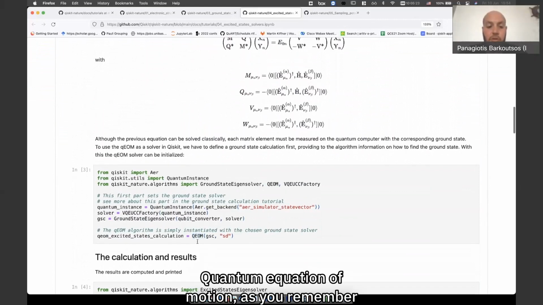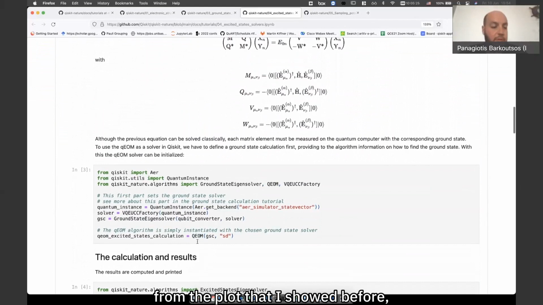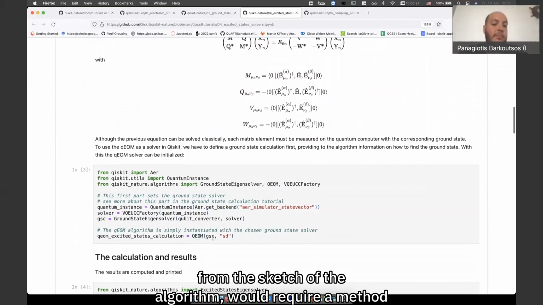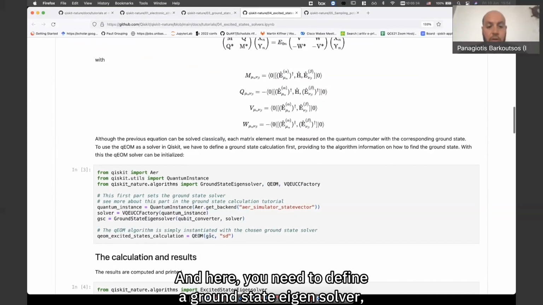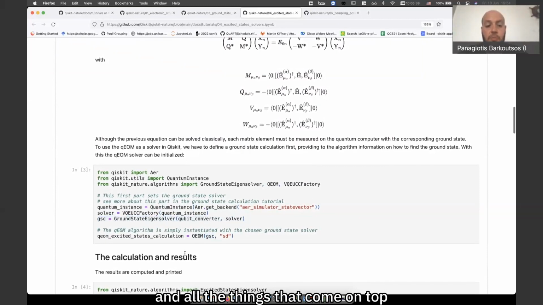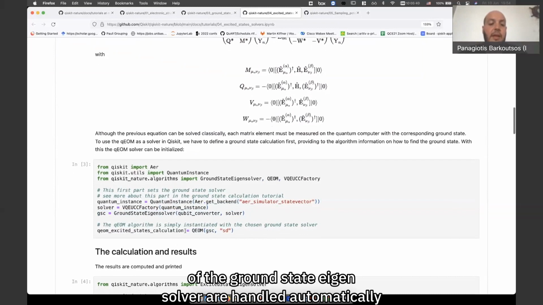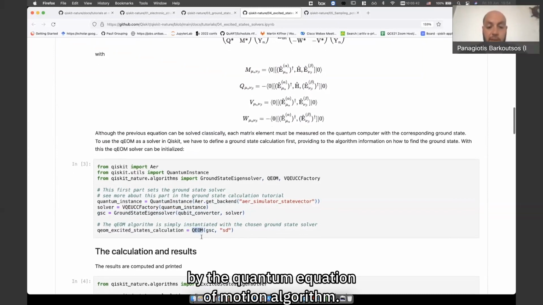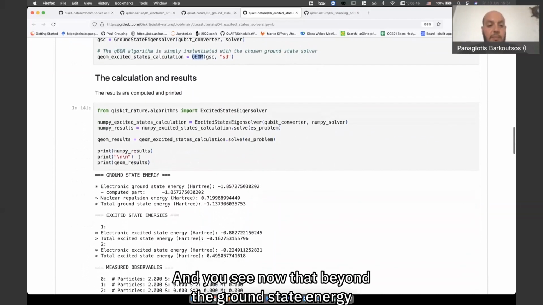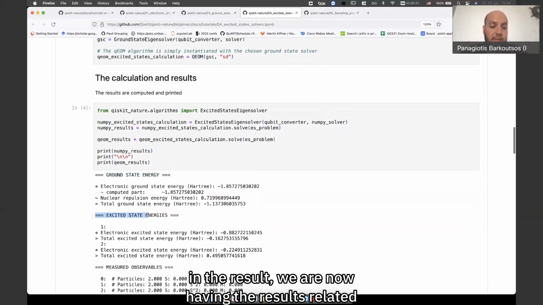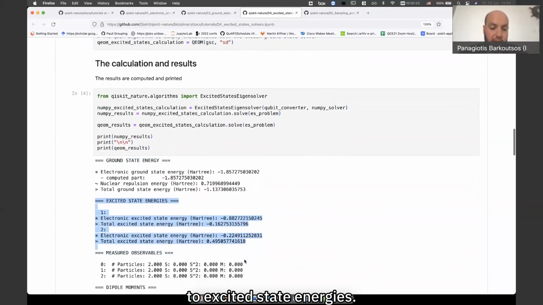Quantum equation of motion, as you remember from the sketch of the algorithm that I showed before, requires a method to solve for the ground state solution. And here you need to define a ground state eigensolver, and all the things that come on top of the ground state eigensolver are handled automatically by the quantum equation of motion algorithm. And you see now that beyond the ground state energy in the result, we now have the results related to excited state energies.